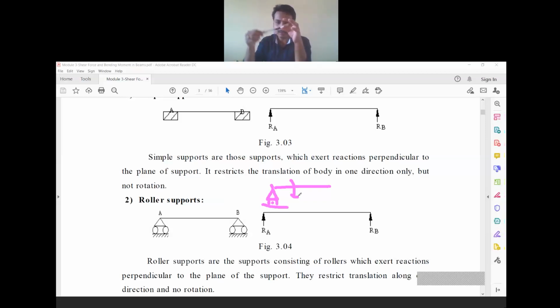Since there is no restriction for rotation and horizontal movement, there will be no reaction, but it is fixed at the bottom, so it cannot move vertically. It cannot move upward or downwards. Since there is some restriction, that means there is some restricting force restricting the vertical movement.